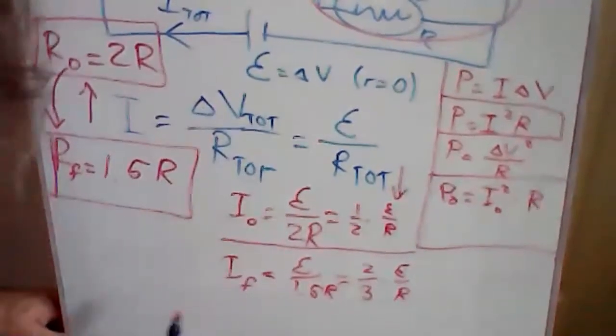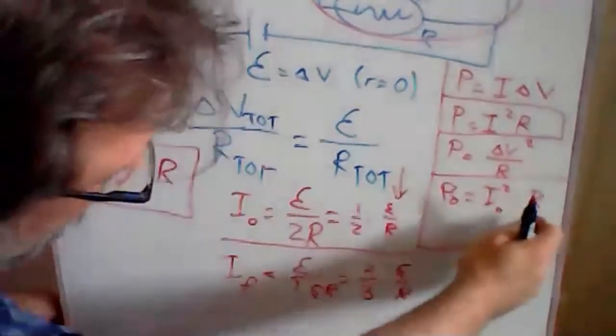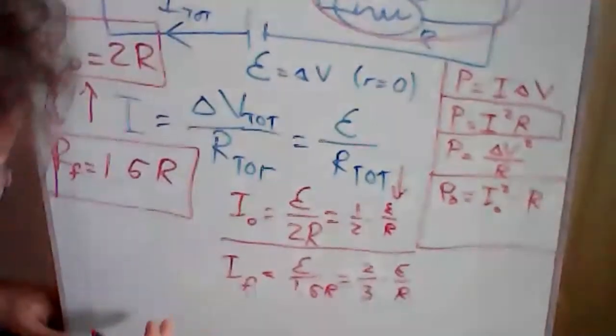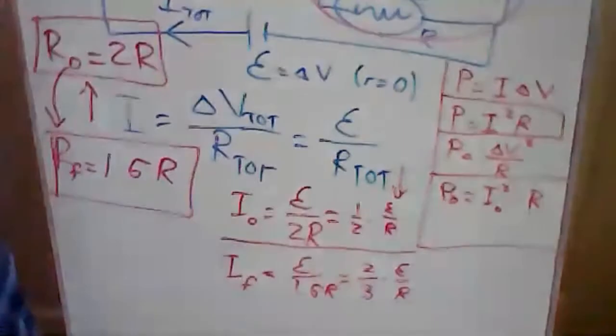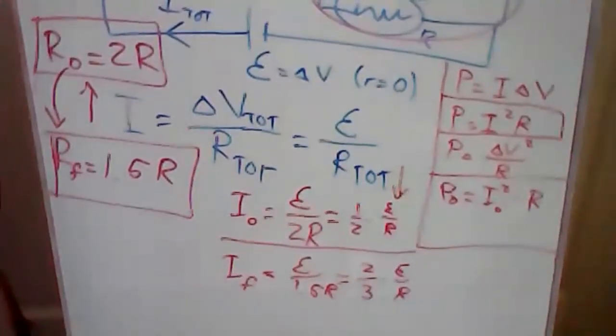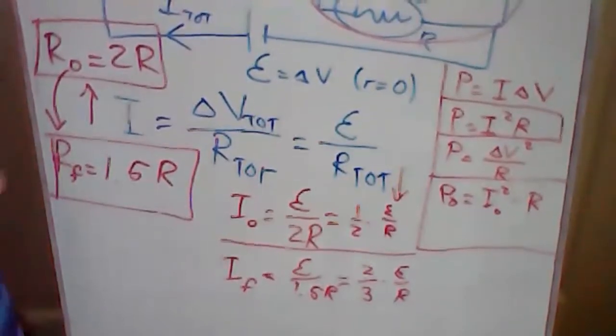Okay, so P0 is I0 squared times R, and P final is obviously I final squared times R. They call it P1. Power expended by bulb 1 is P1.